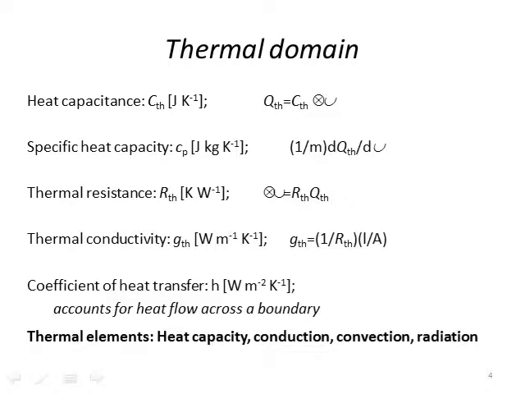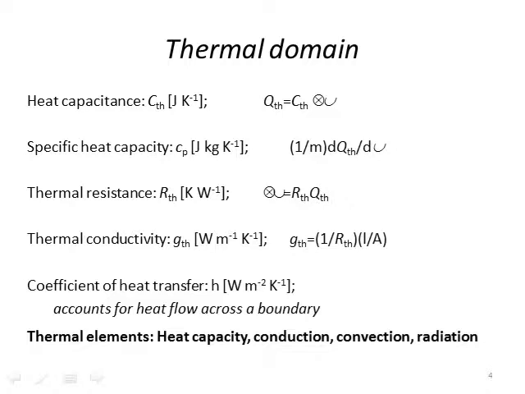Okay, so elements, thermal elements, as we have electrical elements, as we have hydraulic elements, we can define thermal elements in the same way. Heat capacitance, where the heat flow is equal to CTH times the gradient of the temperature. Specific heat capacity, where you analyze the heat capacitance with a mass in kilograms.